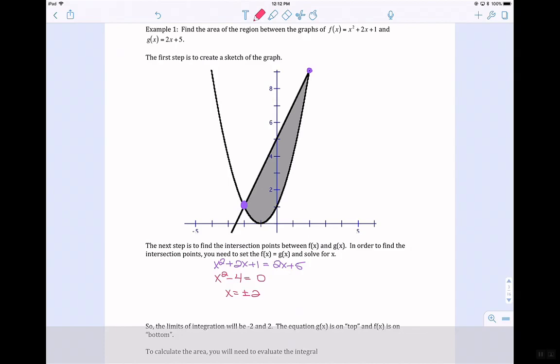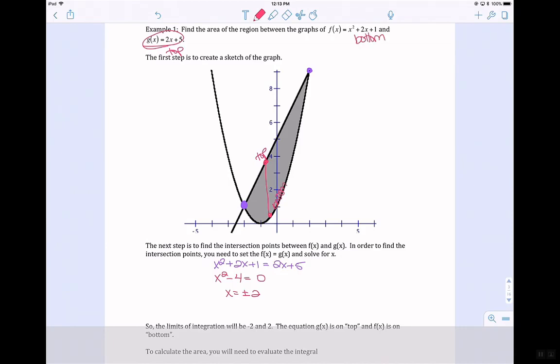My equations are in terms of y equals, so y is isolated. So I'm going to be looking at top minus the bottom. If I draw a line through my shaded region, my top equation is g of x, and my bottom equation is the parabola.